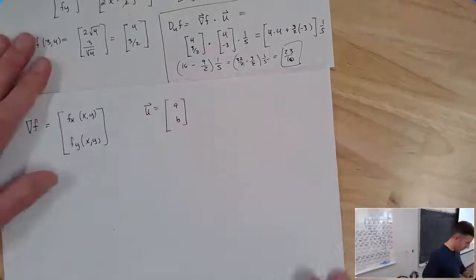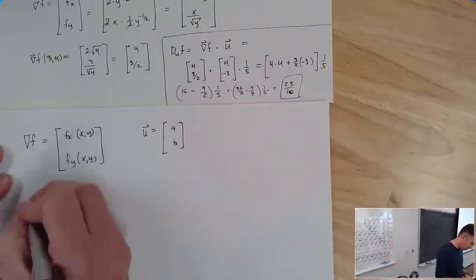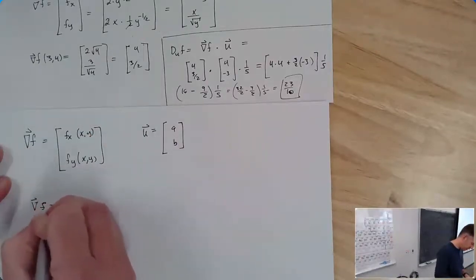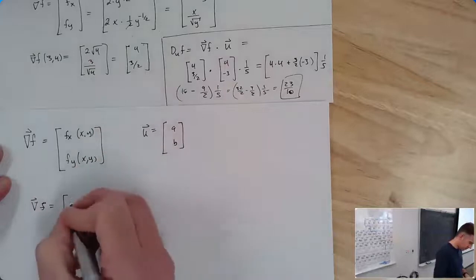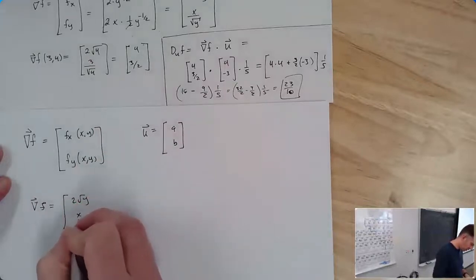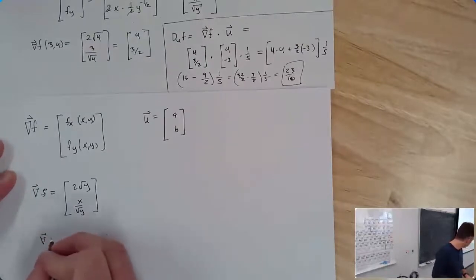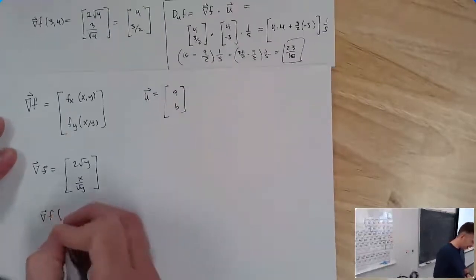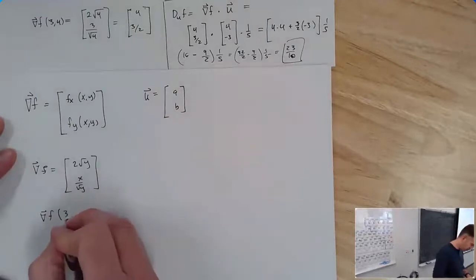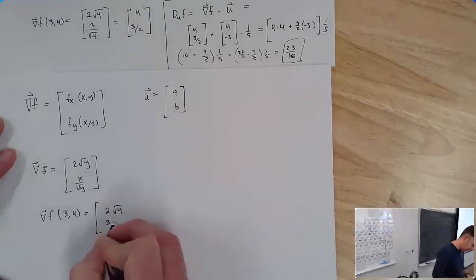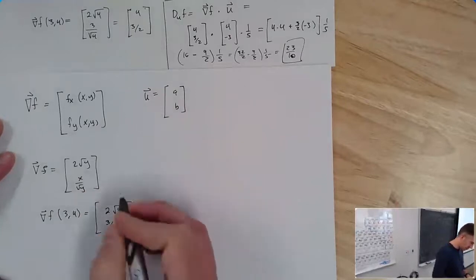So in this particular problem, our gradient of f was (2 root y, x over root y), and then evaluated at the point (3, 4) it was 2 square root of 4, and 3 over the square root of 4. Just plugging those points in.